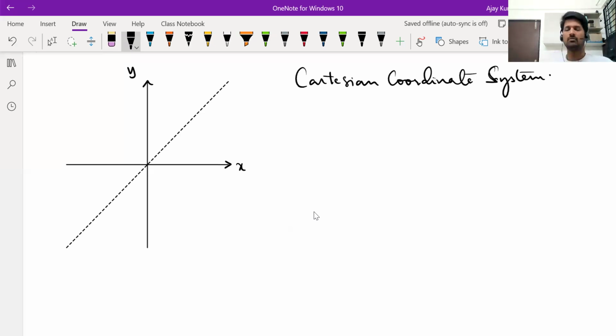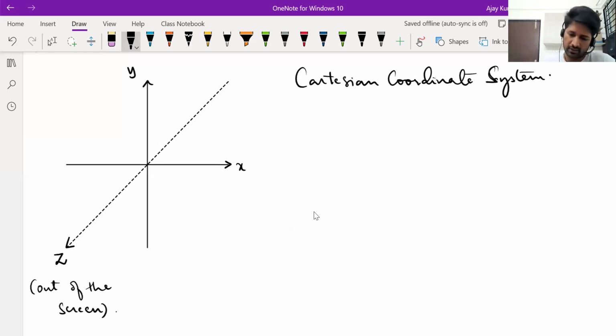Into the screen cannot be called positive z. It must be called negative z. Out of the screen is positive. So this is the positive z direction. I'm assuming this is outward, out of the screen. It is compulsory that it has to be like this.